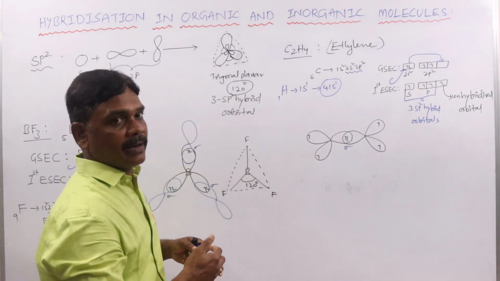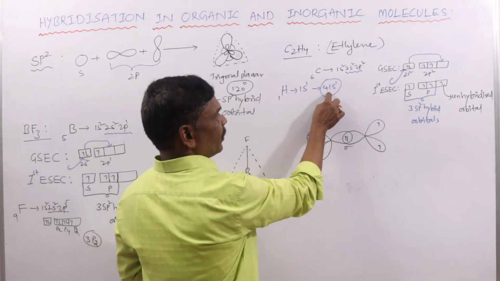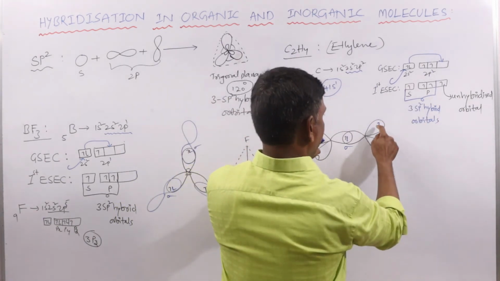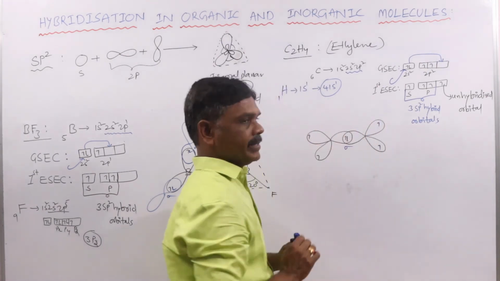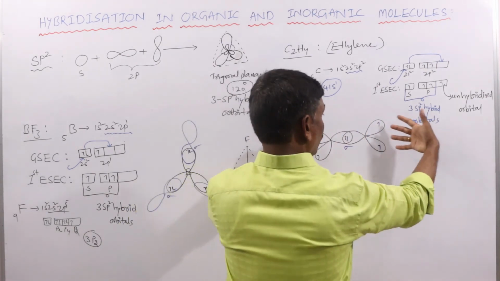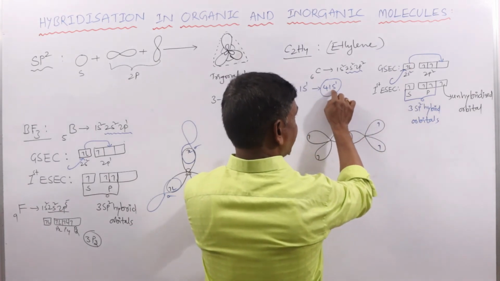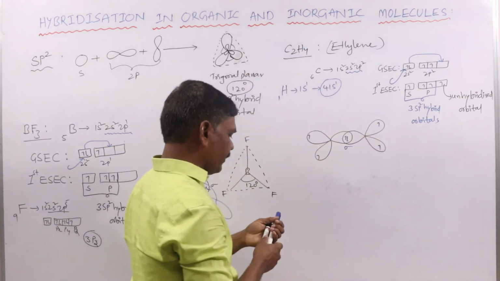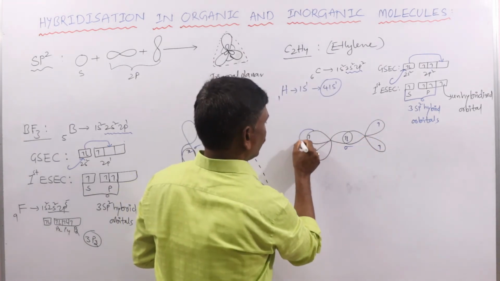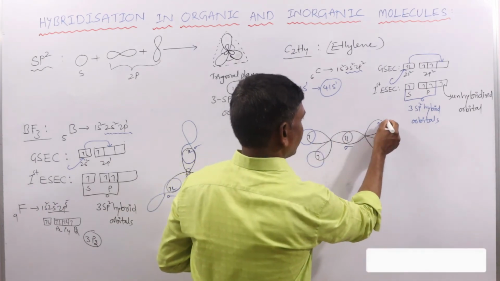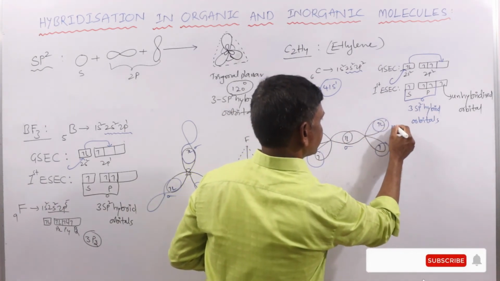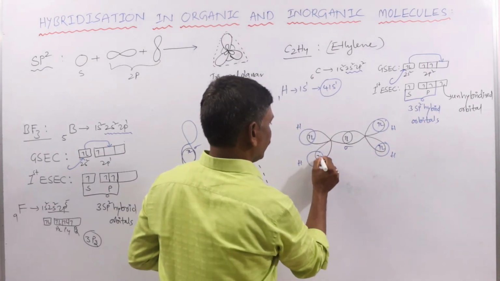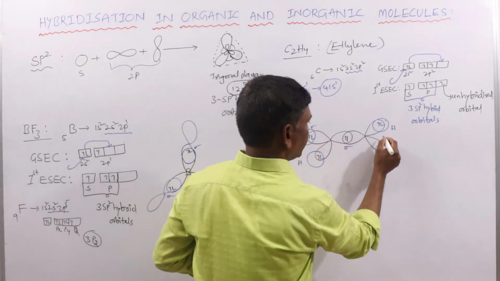Now the 4 1s1 orbitals of hydrogen linearly overlap with the hybrid orbitals of carbon, so that 4 sigma bonds are formed: first hydrogen, second hydrogen, third hydrogen, and fourth hydrogen, each a sigma bond.